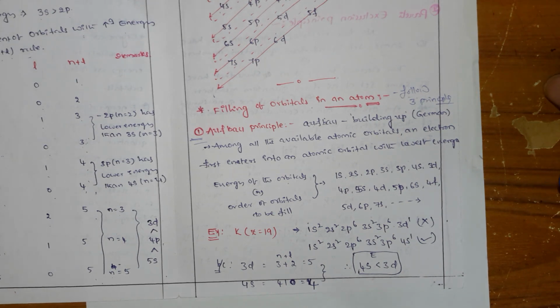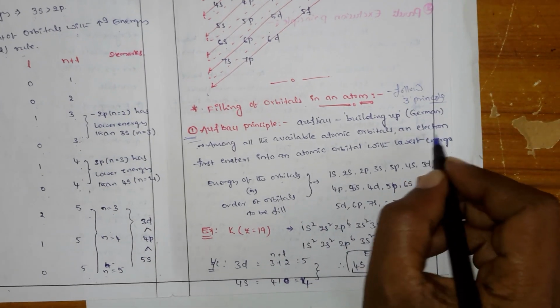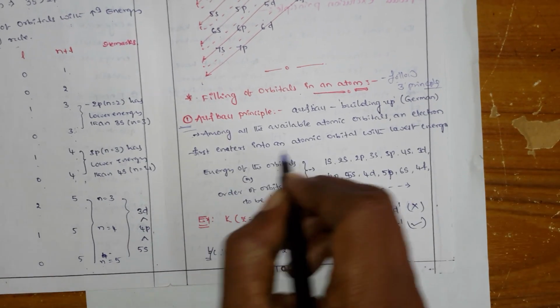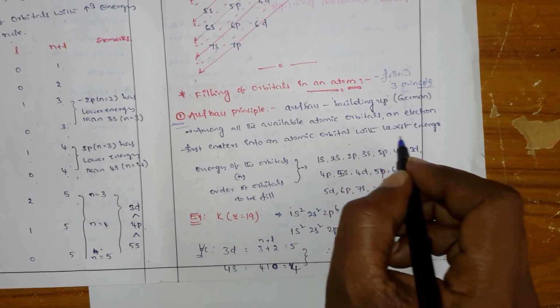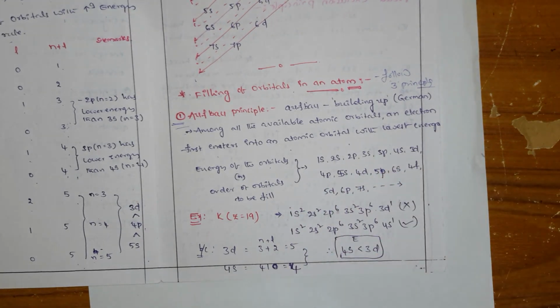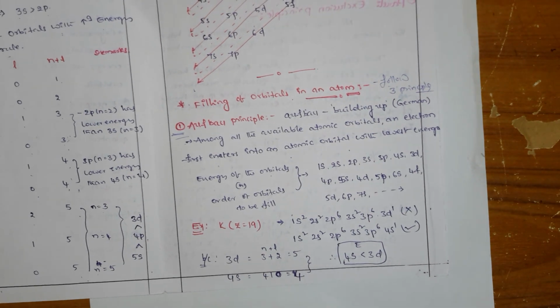In the available atomic orbitals, an electron first enters the atomic orbital with the lowest energy, then the higher, then the higher energy.